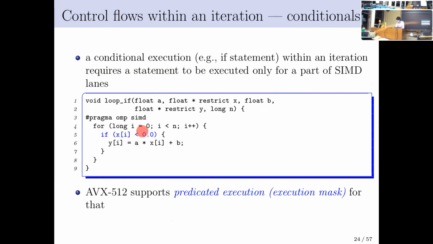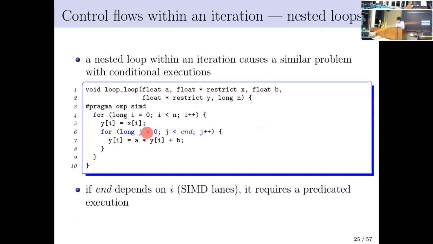For example, if there is an if statement like this, or if there is another for loop inside the loop you want to vectorize. Actually, there's no fundamental reason why the compiler is never able to vectorize this loop, and you can do so manually. It's not that the CPU doesn't have instructions to help vectorize this kind of loop, but somehow the compiler is generally very behind compared to what the CPU actually has.